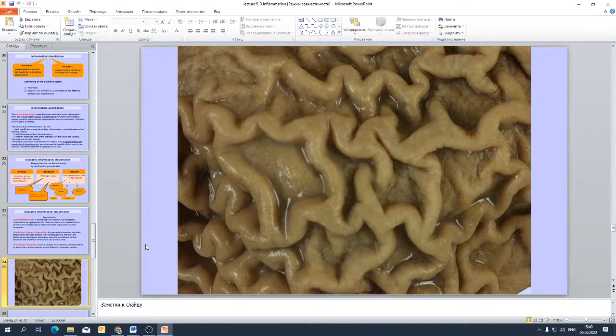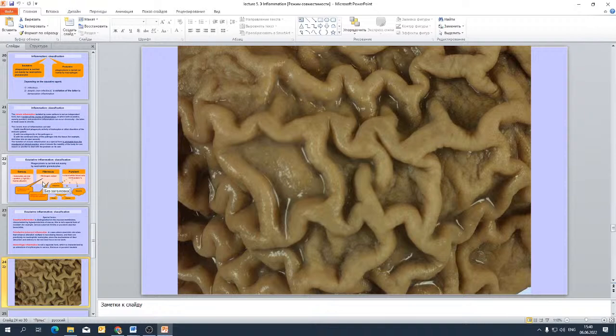What is it, 3 days? I don't understand why 3 days. The organ is the stomach, and the inflammation is serous inflammation, yes, of course.